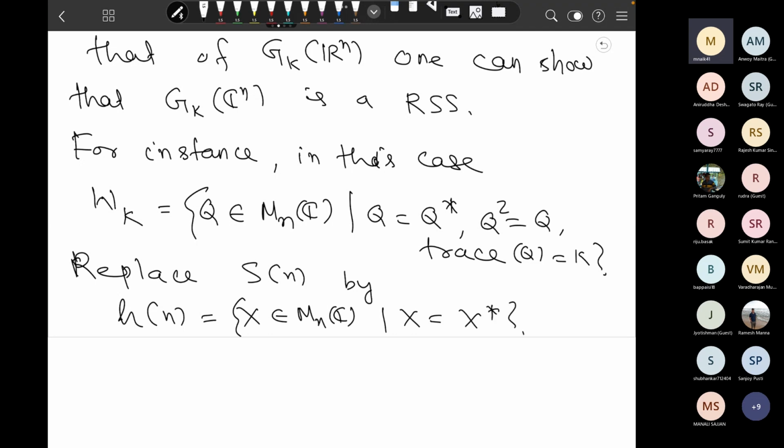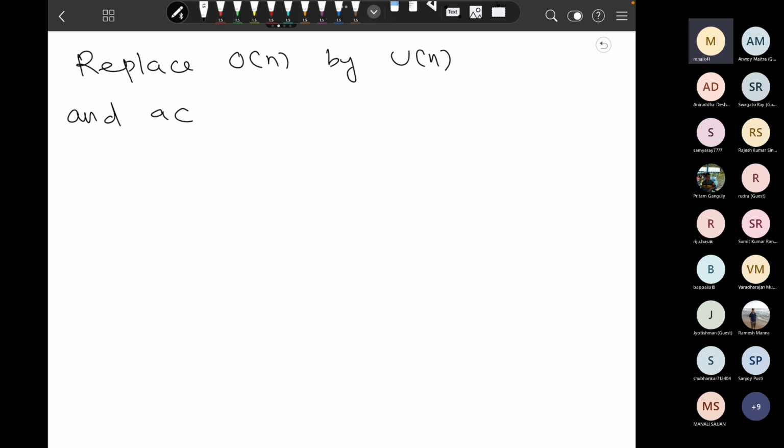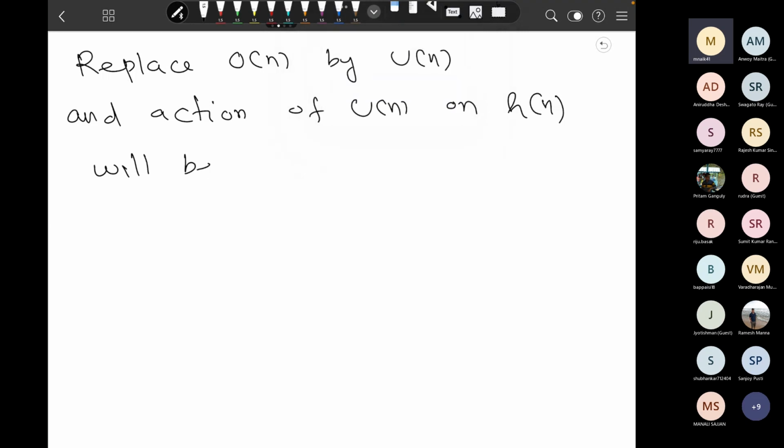So one has to replace this On by Un, and the action of Un on this Hn will be given by this thing really.